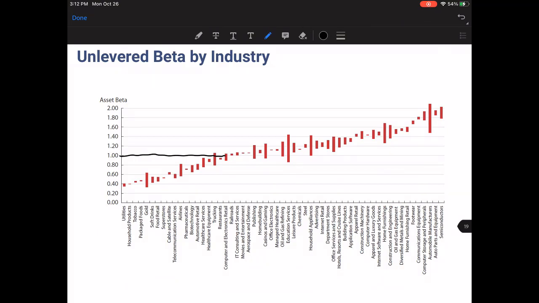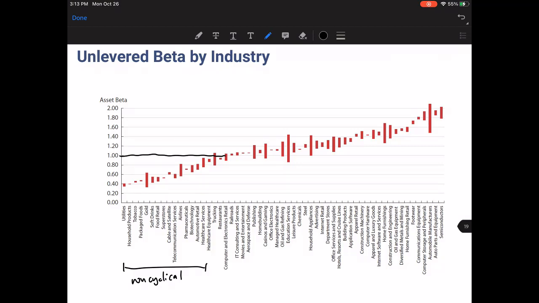So we typically assume that betas below 1 are non-cyclical. Non-cyclical just means that the demand for these products and services produced by these industries doesn't follow the economy. In other words, the demand is not sensitive to wealth shocks to the overall economy.